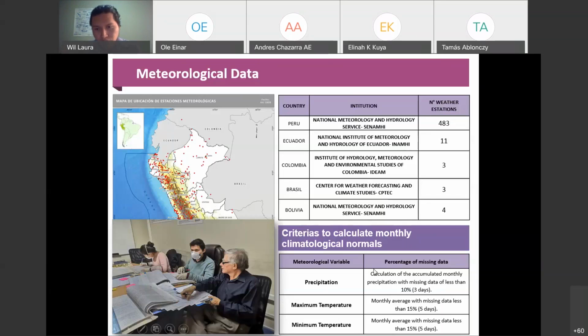For example, in precipitation, we don't use a month that has more than 3 days with no data. Similarly, for maximum and minimum temperature, if there are more than 5 consecutive days with no data, we don't use it to calculate the climatological normal.